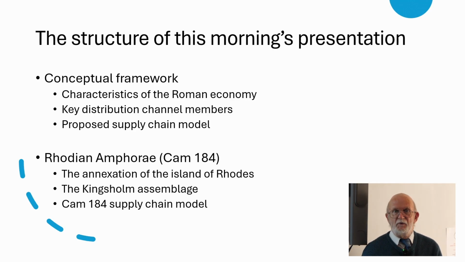The first to examine a brief conceptual framework, looking within the context of the Roman economy, which is rather different from the economy we have today, a model identifying key supply channel members, and with that a supply chain model which we can then apply in the second part of the presentation to the Rhodian amphorae, identifying where they come from, looking at the King's Home assemblage, and then looking at how the supply chain model might apply to that particular material.